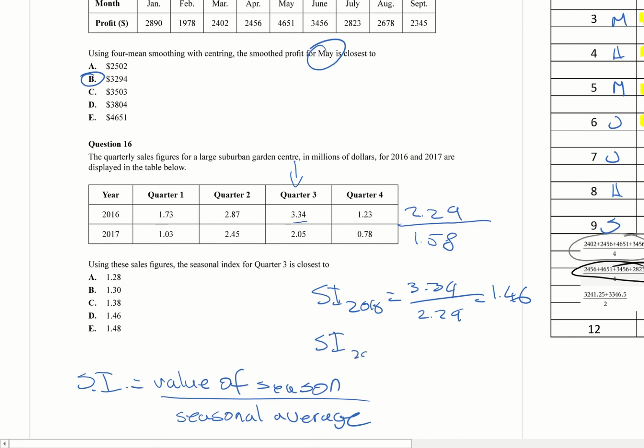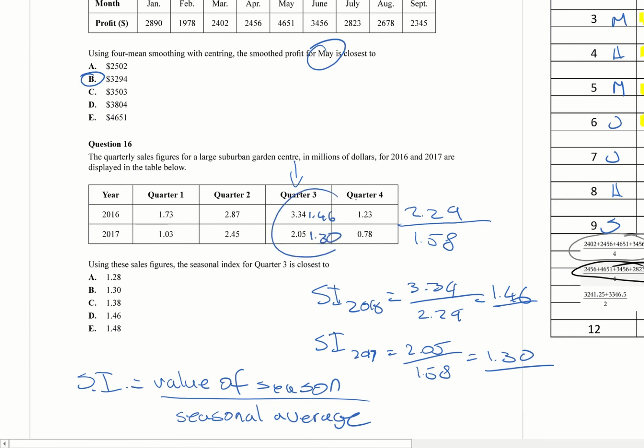The seasonal index for 2017 is going to be 2.05, because that's the value of the season, divided by the seasonal average, which was 1.58, and that will give us a value of 1.3. So these are our two seasonal indices, 1.46 and 1.3.